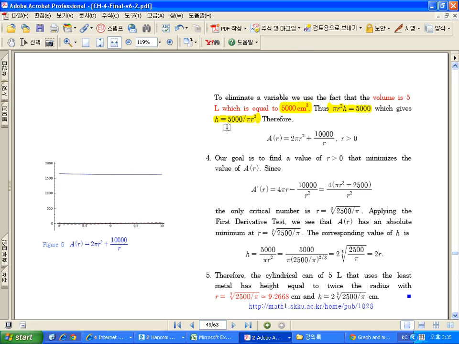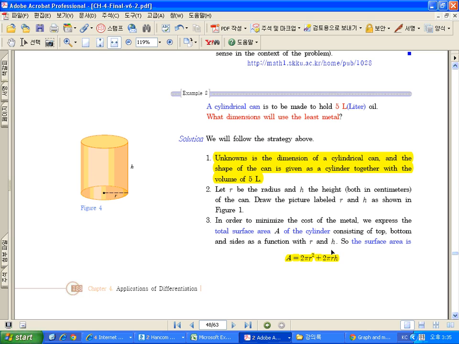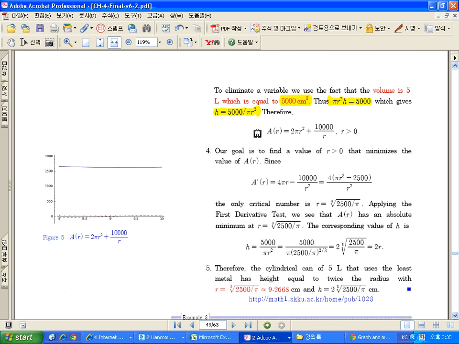So this h can be replaced in here to make A a single variable function. So we replace h in here to have this equation of A of r, a function of one variable r. We want to minimize this area.